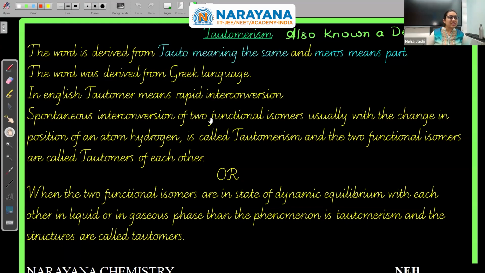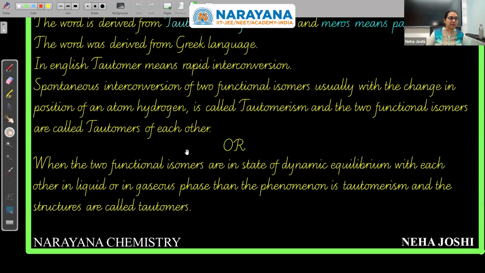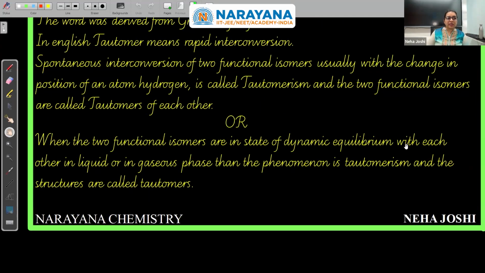Spontaneous interconversion of two functional isomers, usually with a change in position of an atom, is called tautomerism, and the two functional isomers are called tautomers of each other. Another definition: when the two functional isomers are in a state of dynamic equilibrium with each other, in liquid or gaseous phase. In solid, all atoms will be blocked, so their interconversion is not possible, and thus you can isolate the two tautomers when they are solidified.